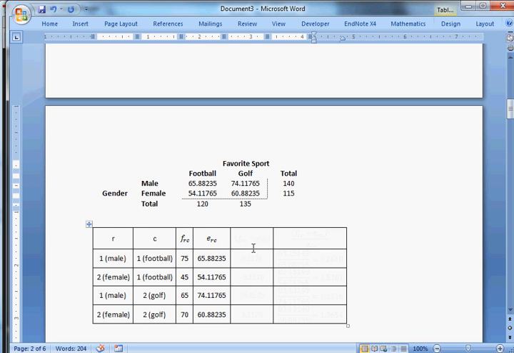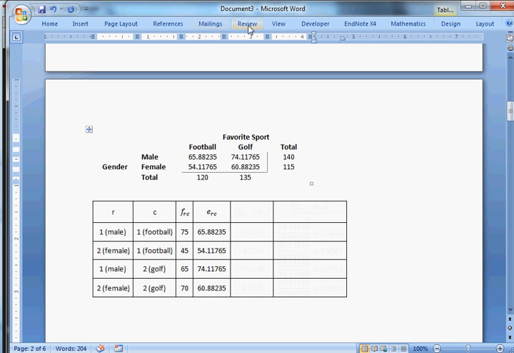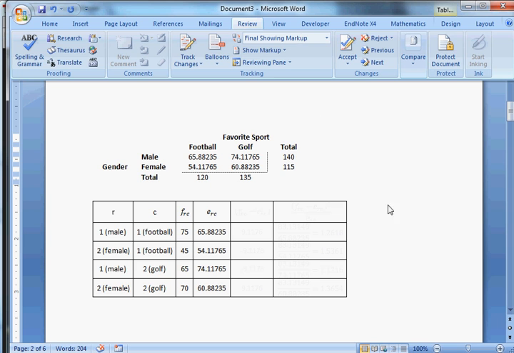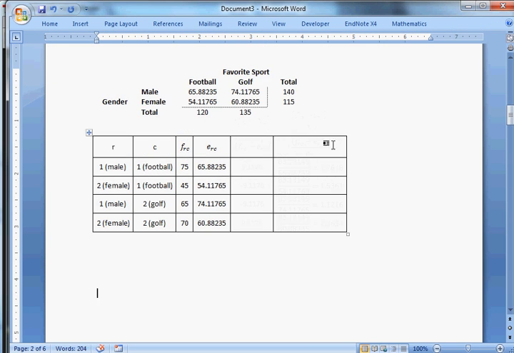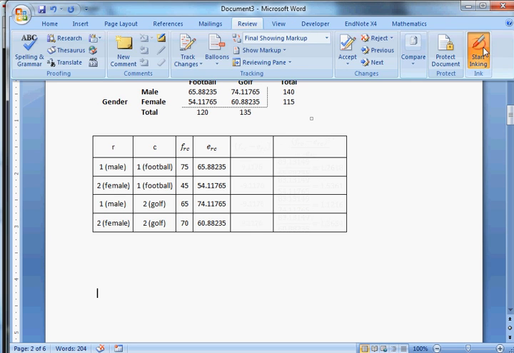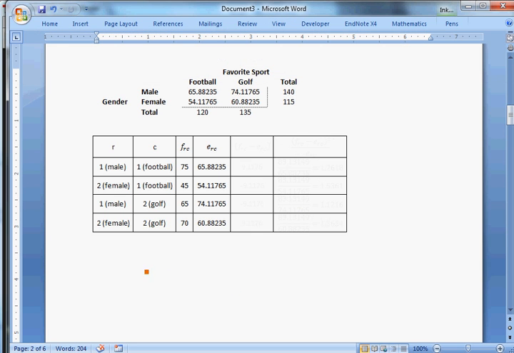Okay, now if you remember our test statistic, which looked a little complicated, but it's nothing so outside what we've worked with before. It looked like this. Chi squared equals the sum across rows and the sum across columns of the observed frequency for row R and column C, F sub RC minus E sub RC squared over E sub RC.